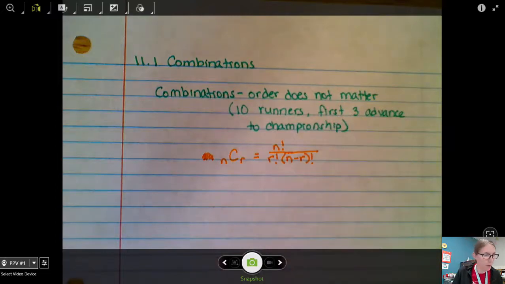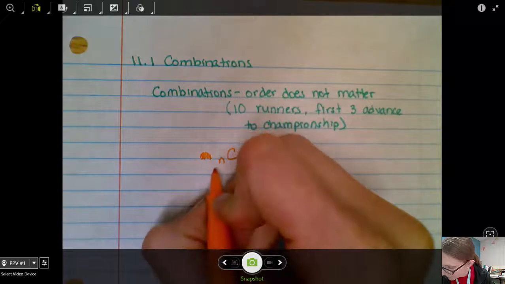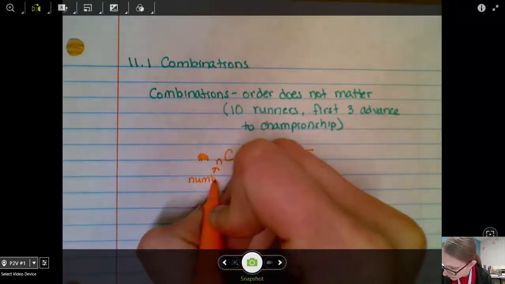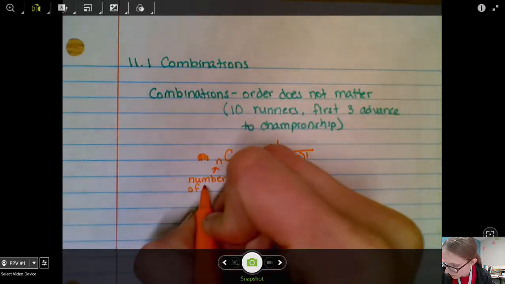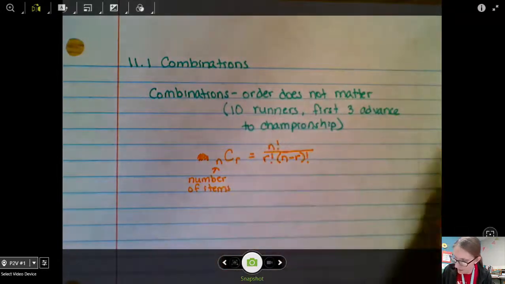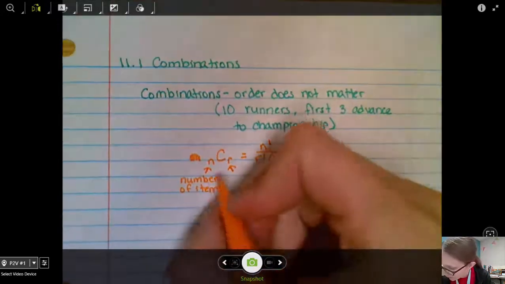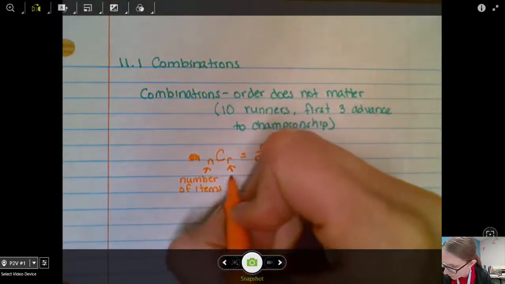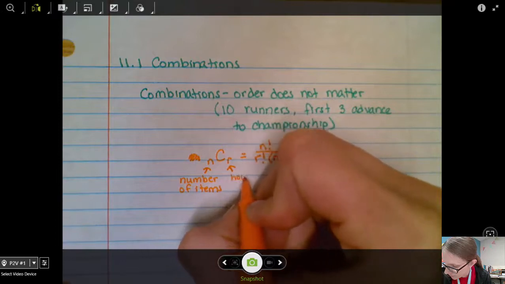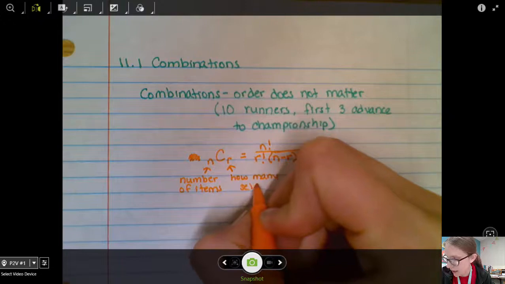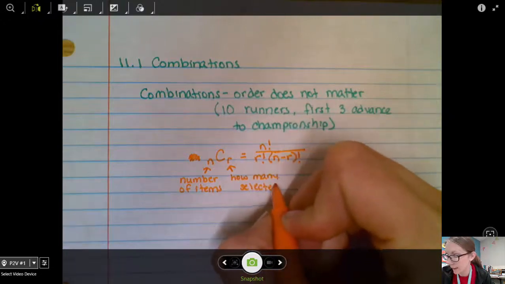And just like before with our permutations, n is the number of items in a set, and r is the number we are selecting. How many selected?